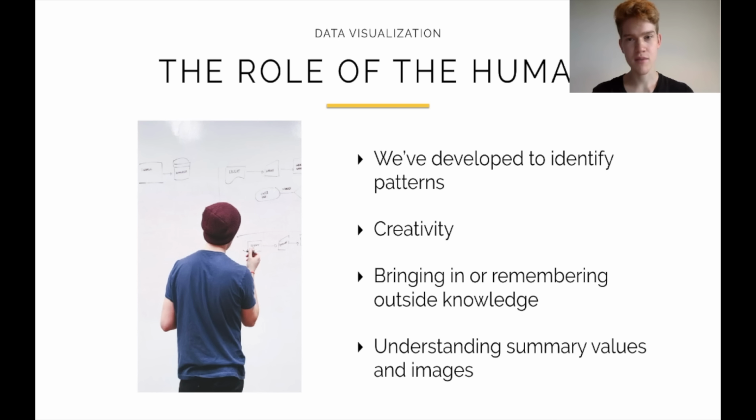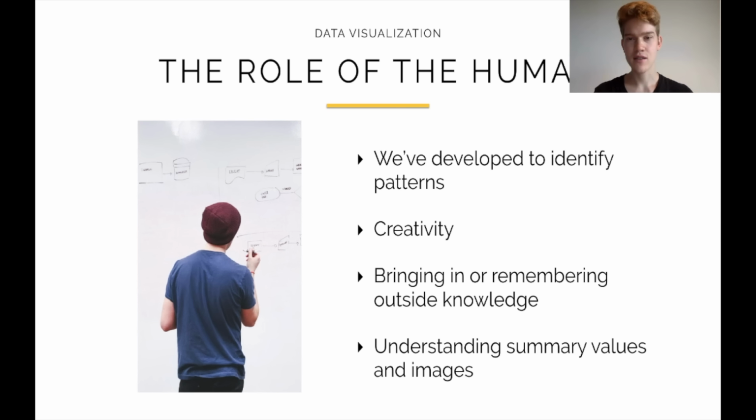So humans by nature have become very, very good at identifying patterns. And you can also see this if you look at the clouds and you see animal shapes in the clouds or other things. Those patterns aren't actually there, but humans have become so good at identifying patterns that we can see things in many, many places. That's what humans are really, really good at. We're able to look at things and pick out patterns.